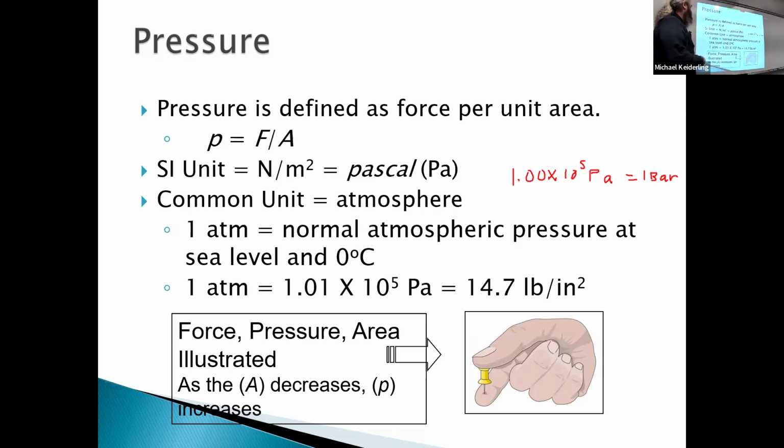And an atmosphere is 1.013 times 10 to the 5 pascals, or 14.7 pounds per square inch. So the US customary unit for pressure is the pound per square inch, or PSI, which you've most likely seen when you're looking at tires. And if you have a pump, pumps have gauges that measure the difference between the atmosphere and their pressure.